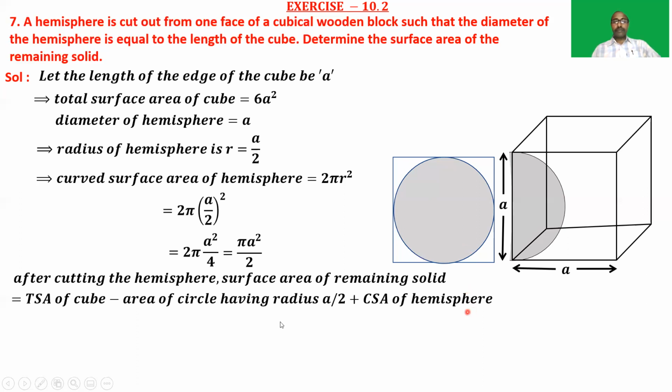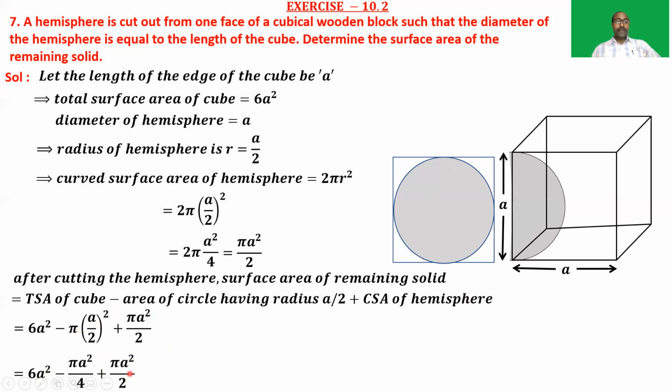Now the total surface area of the cube is 6a square, minus the area of the circle having radius a by 2, which is pi r square, that is pi into (a by 2) whole square, plus the curved surface area of the hemisphere, which we got as pi a square by 2. So we can write 6a square minus pi a square by 4 plus pi a square by 2.